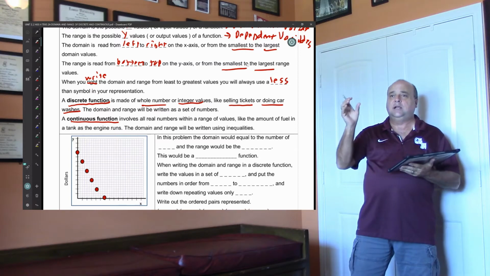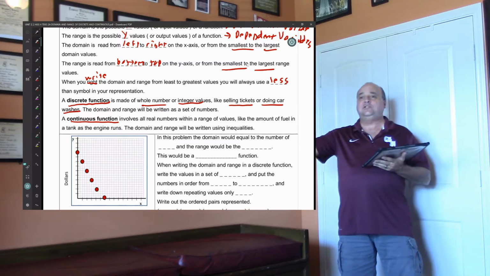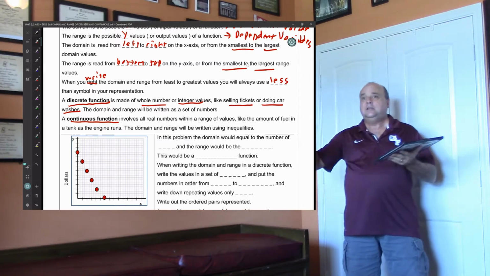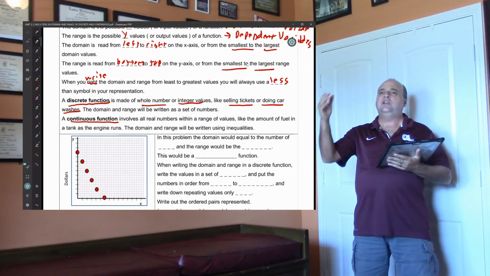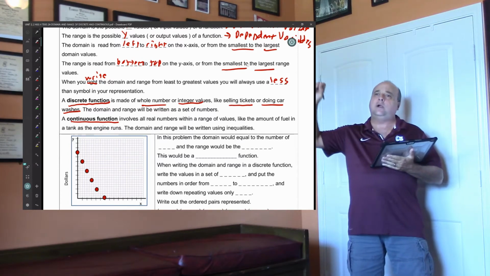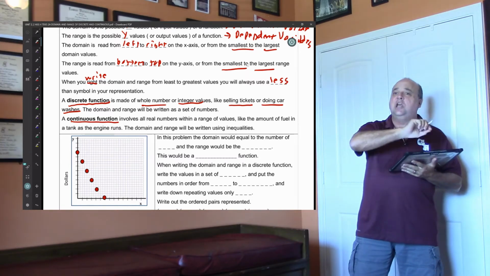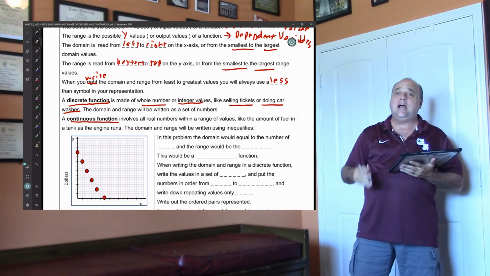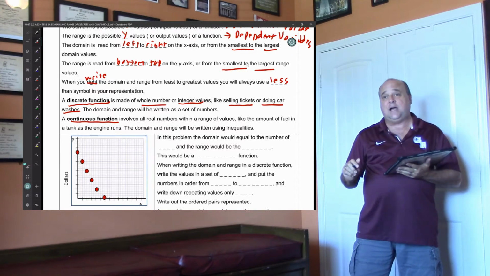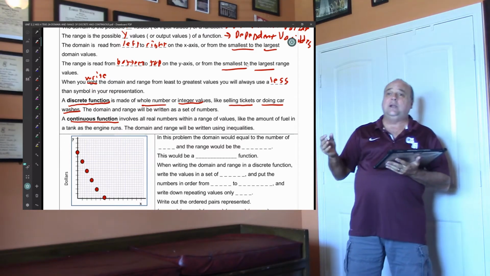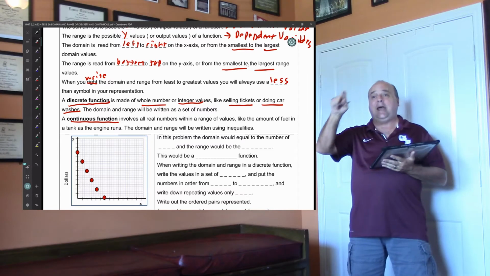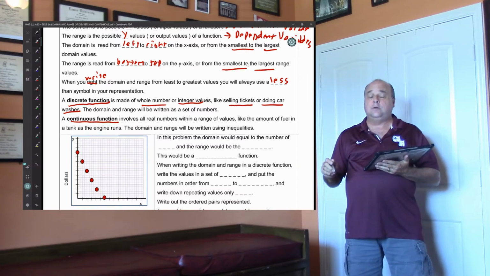If you're selling apple pies, you're not going to sell half an apple pie. You sell the whole thing, right? So things that require whole number intervals are discrete functions. You will not connect those with a straight line because it does not include the decimal values. So when we write the domain and range of that, we're going to write down the actual numbers that are in the domain and range.